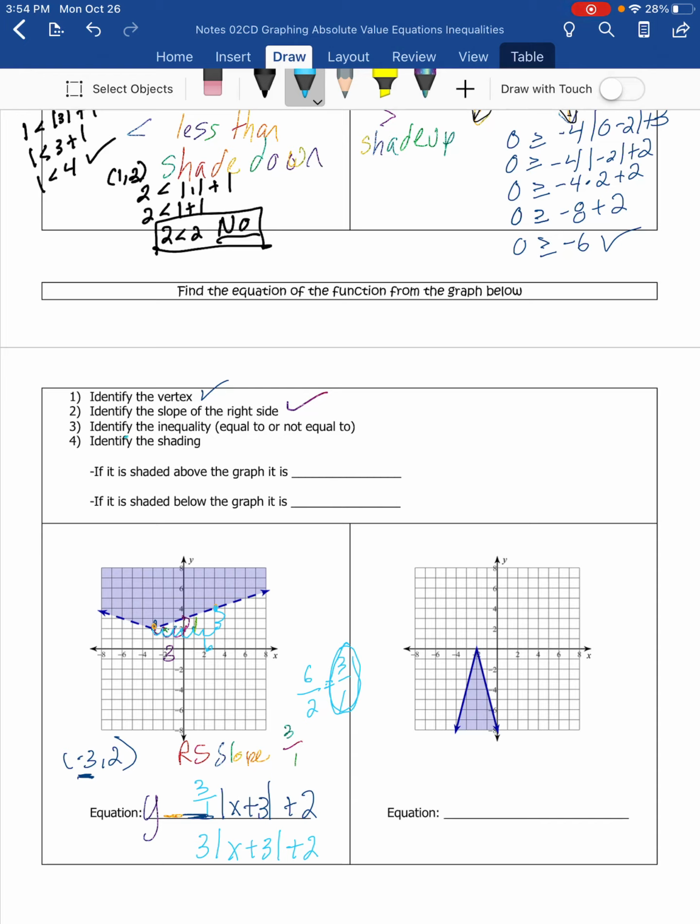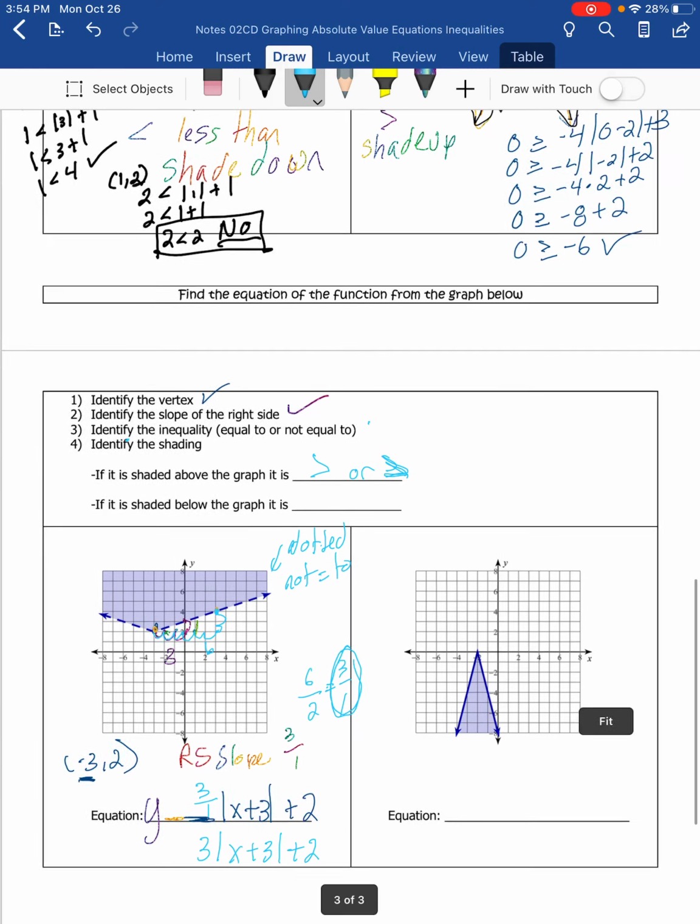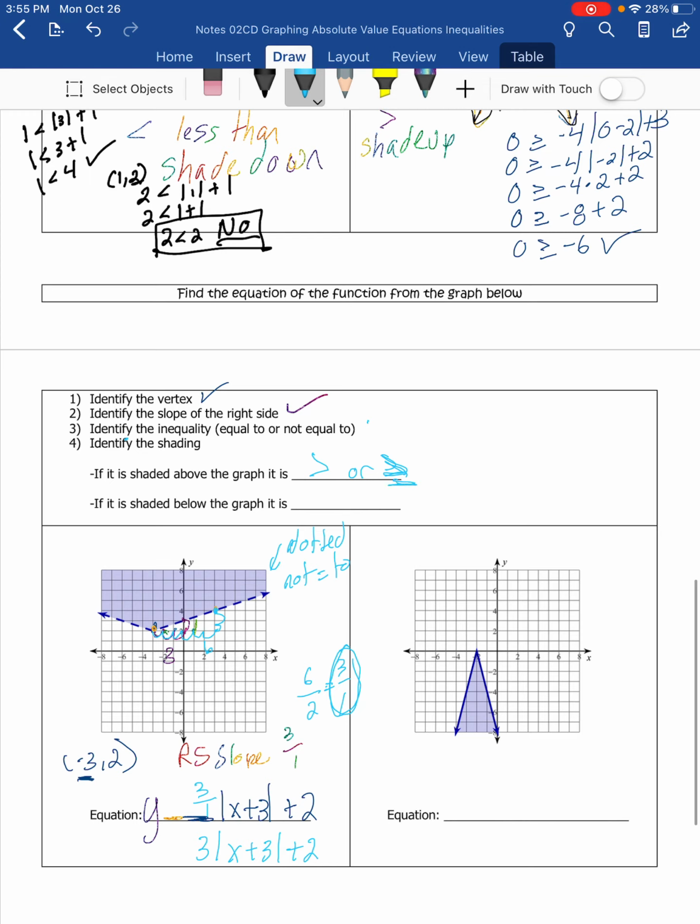Now the next thing you have to figure out is the inequality. Is it equal to or not equal to? Well, it's dotted, so it's going to be not equal to. Okay, and then the next thing is if it's shaded above the graph, it is greater than, or greater than or equal to.